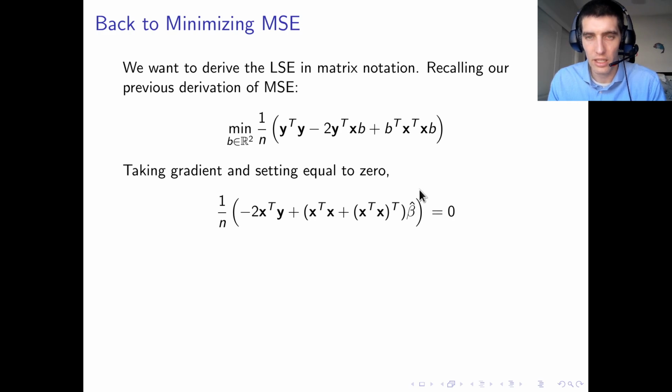And again, just as in the scalar case, this is a critical moment where we switch from a general b to, once we set it equal to 0, this defines our least squares estimator, or the beta hat, which has minimum mean squared error.